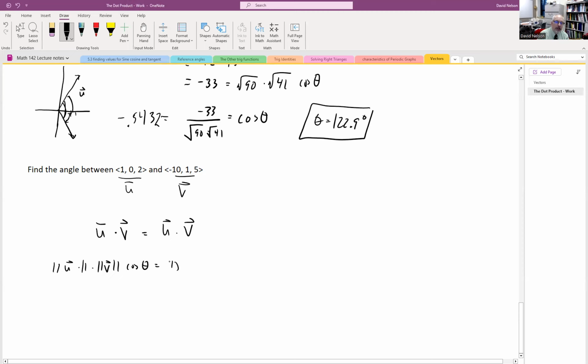So it's going to be 1 times -10 plus 0 times 1 plus 2 times 5. So I'm going to have the square root of 1 squared plus 0 squared plus 2 squared multiplied by the square root of -10, include that negative with your squaring, plus 1 squared plus 5 squared, times the cosine of theta equals -10 plus 0 plus 10.